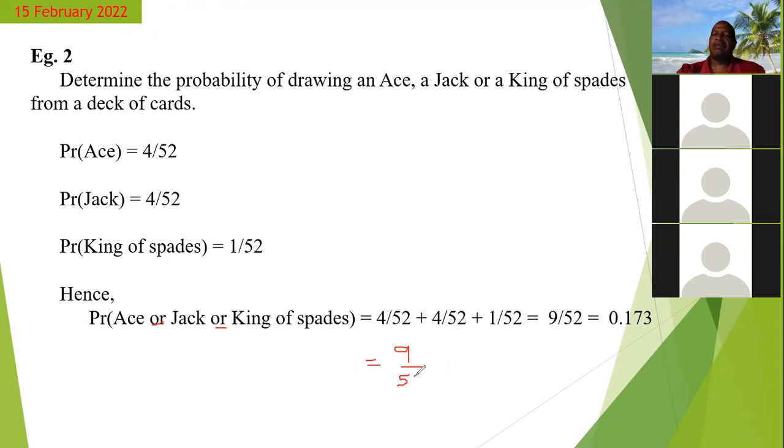And 9 over 52, if you convert that into decimal, dividing the numerator by the denominator, you simply get 0.17. All right, guys? So this is how we calculate mutually exclusive events.